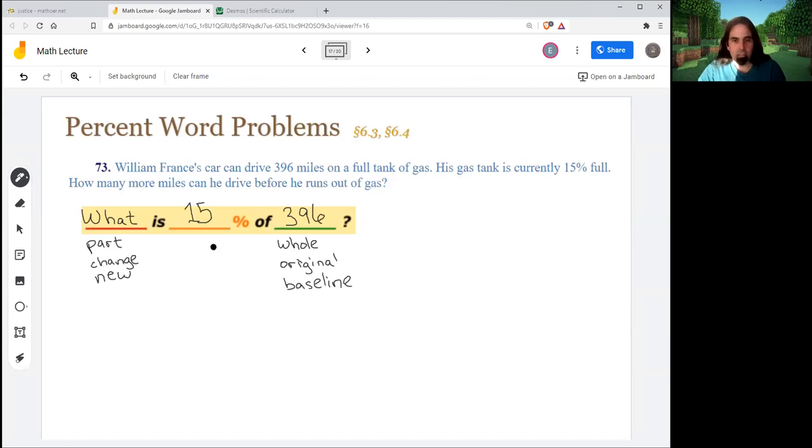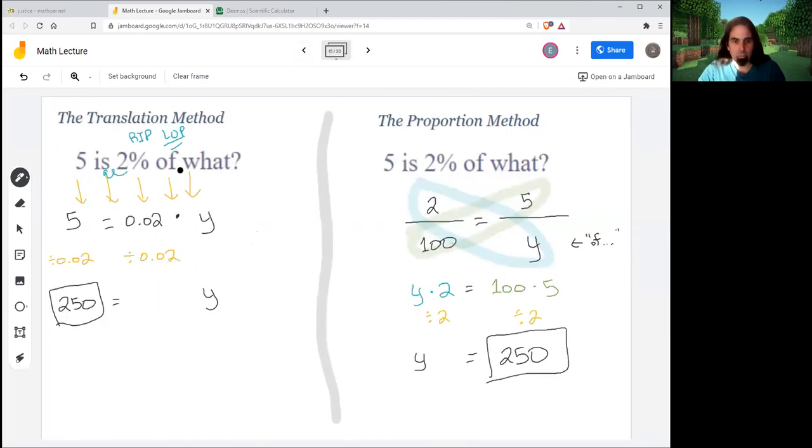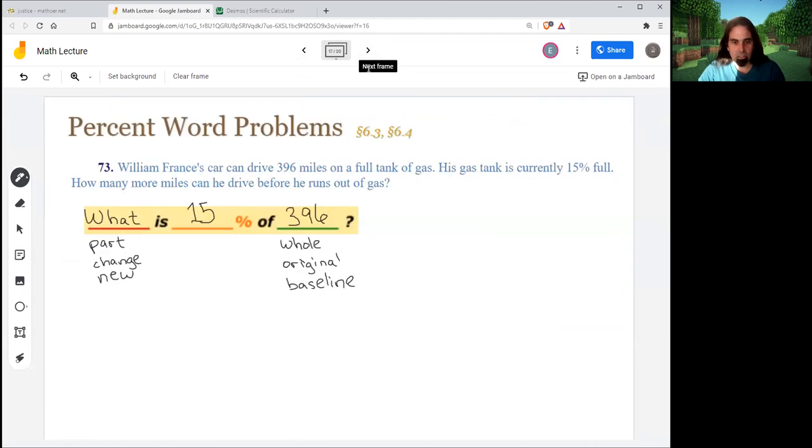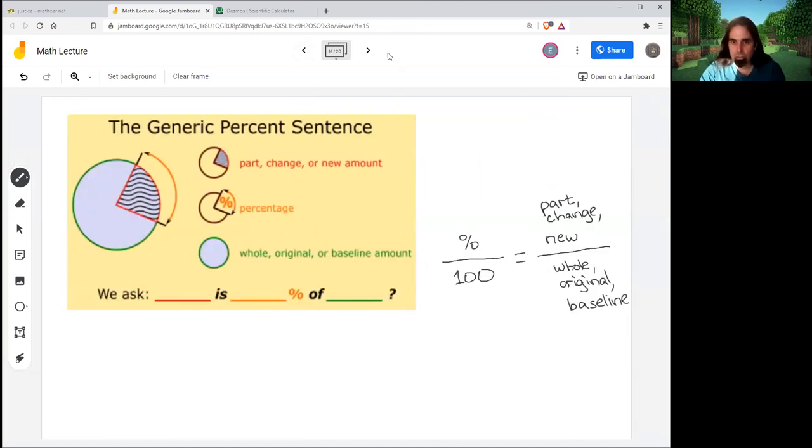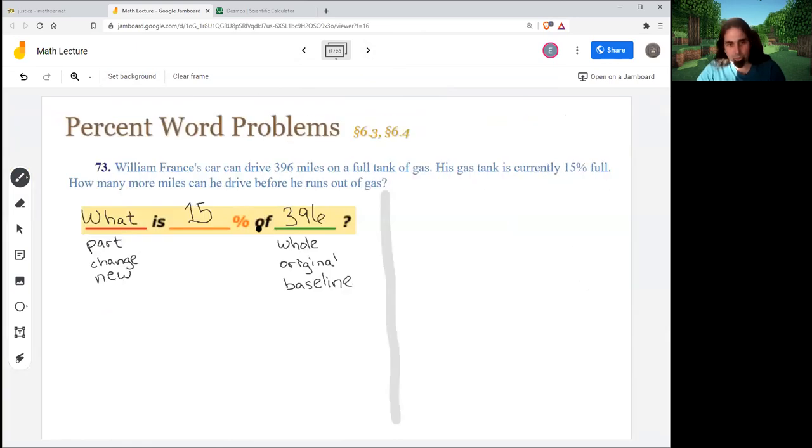And other than that, it's just what we've done. Pick whichever method you want and solve it. If you're doing the proportion method, then just like we said on this other slide, I don't even have to write my percent sentence with what, is, and of. I can just say fraction bar equals fraction bar. The percent goes on this side, 15 out of 100.